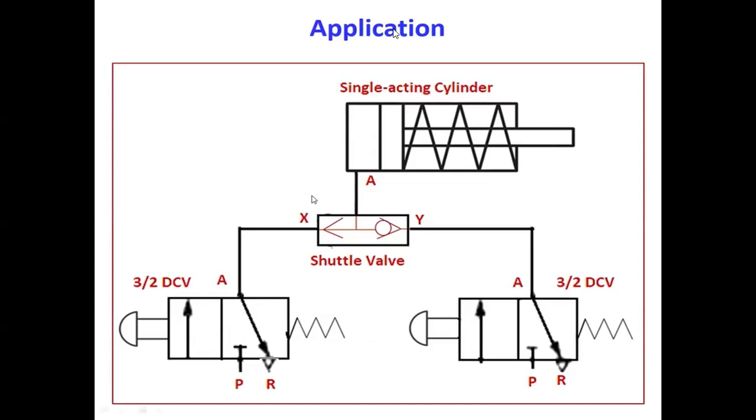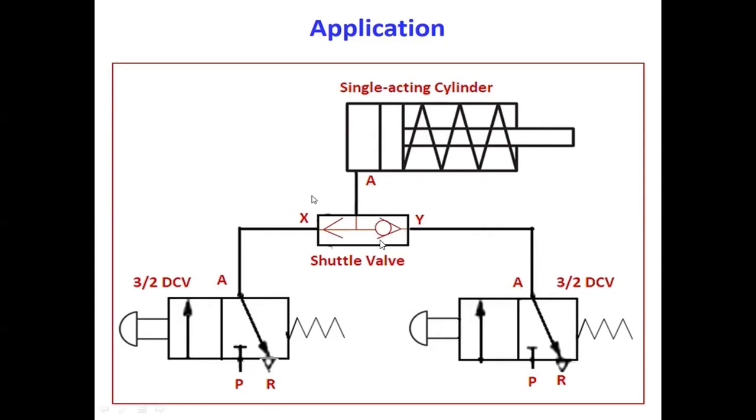See the application here: from the 3x2 DCV, liquid comes in this way to this port, and this is the return, with liquid flowing in this direction. If the pressure on one side is higher, then this side is open. In that case, if this pressure is higher, then this side is open.